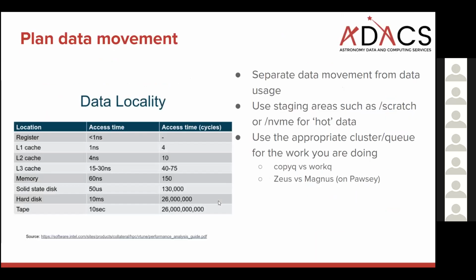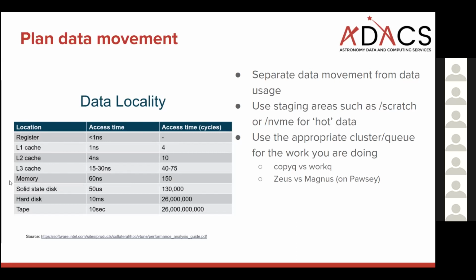Anyway, the other thing that's often useful, particularly for compute workflows, is to plan the data movement. Depending on where your data is, it takes a different amount of time to access. The top 4 here are all on-chip memory, which, unless you're optimizing the hell out of something, you can largely ignore.